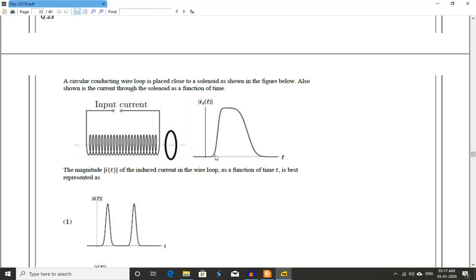You change the current very sharply, the magnetic field will change sharply. Change the current slowly, the magnetic field will change slowly. And what will happen? This loop will have induced current. Why? A changing magnetic field means changing magnetic flux inside the loop, which generates an electric field along the loop.